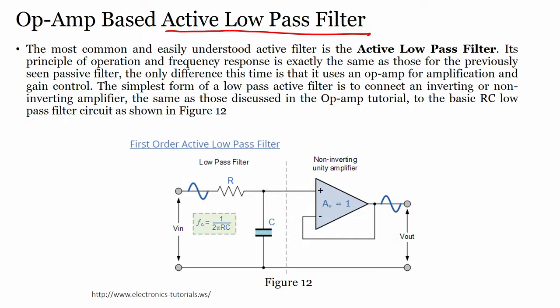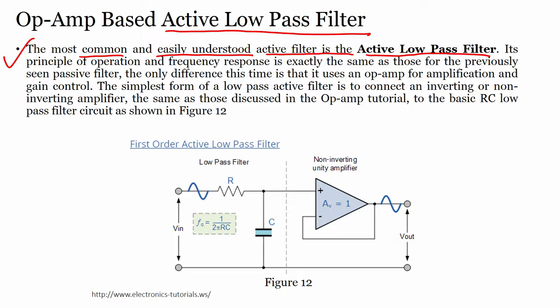The most common and easily understood active filter is the active low pass filter. It is most commonly used for explaining the low pass filter, and its principle of operation and frequency response is exactly the same as those of the passive filters seen previously.